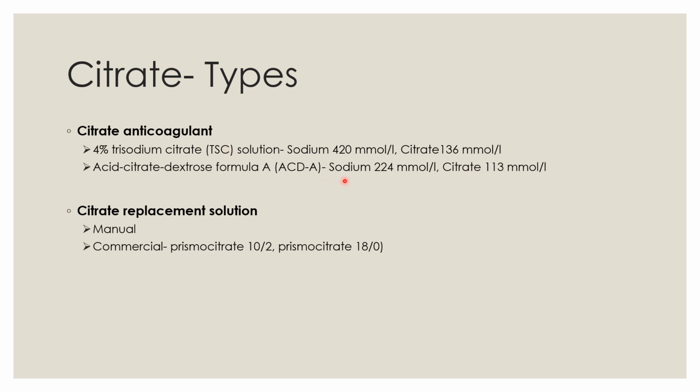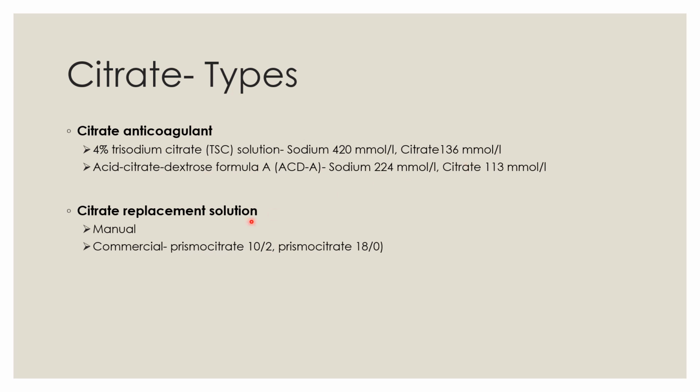Here you can see the sodium and citrate content of both solutions. For trisodium citrate, sodium content is 420 millimole and citrate content is 136 millimole. The similar values for acid citrate dextrose formula A are 224 millimole for sodium and 113 millimole for citrate.